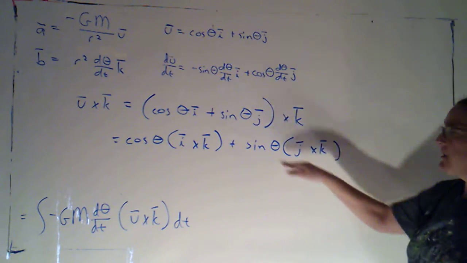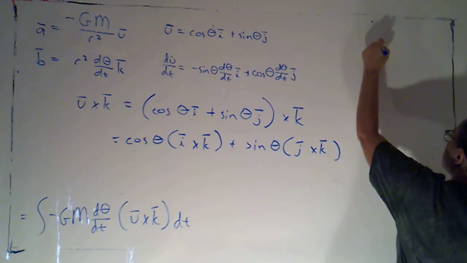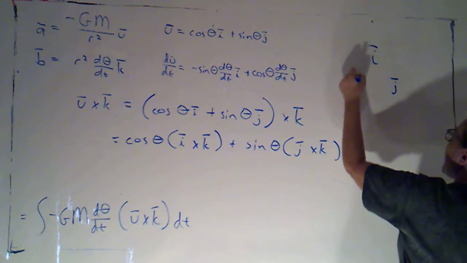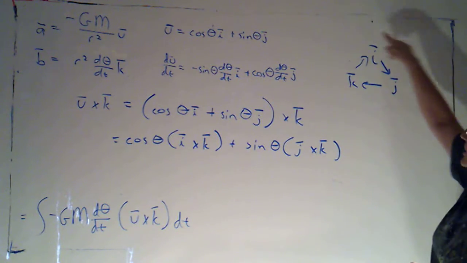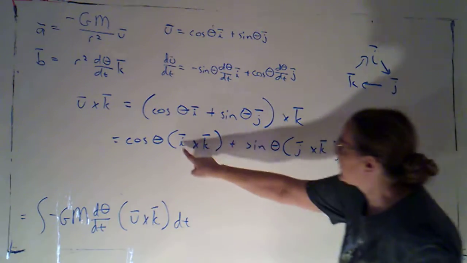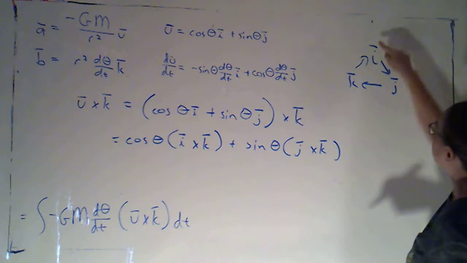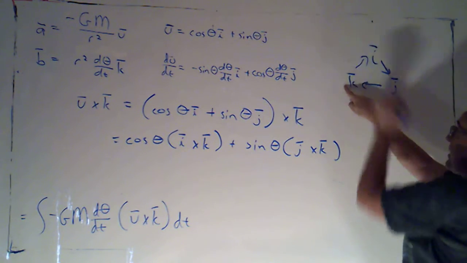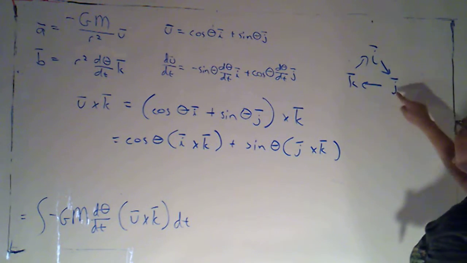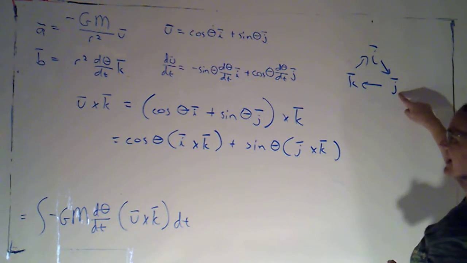And when I'm crossing these unit vectors, remember there's a nifty shortcut. If I just draw i, j, and k in this triangle like so, if I want to do i crossed with k, I can see I'm not following the direction of the arrows. That tells me I'm getting the opposite of the next vector.